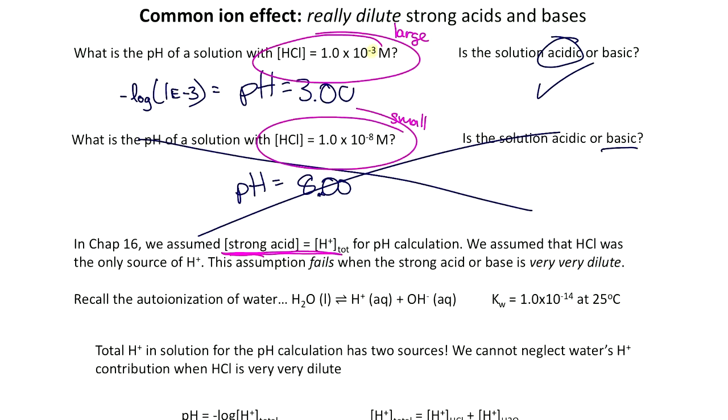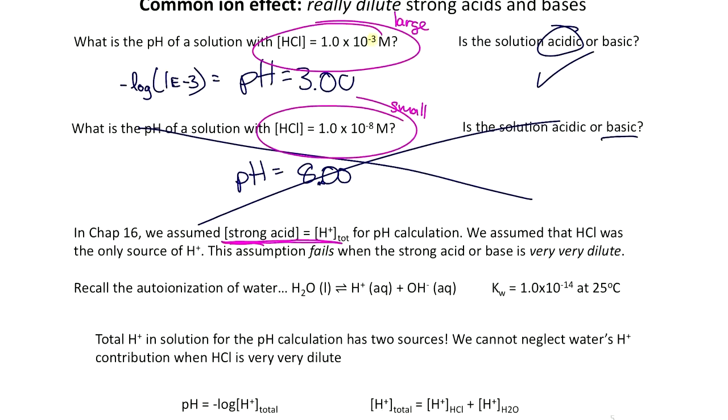So if you think about pure water and you solve for this, what is the concentration of H+ and OH- of a pure water sample? 1 times 10 to the negative 7, yeah.